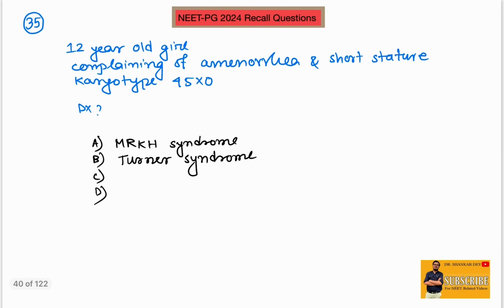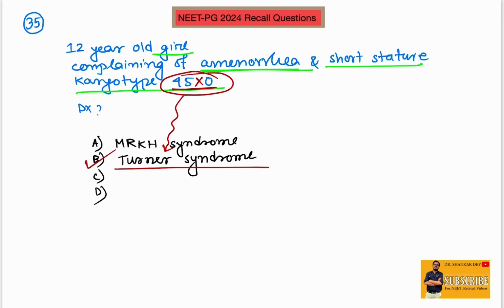Question number 35. A 12-year-old girl complaining of amenorrhea, with short stature. Karyotyping shows 45XO, so the total number of chromosomes is 45 with only one X chromosome. This is a direct question: it is Turner syndrome.